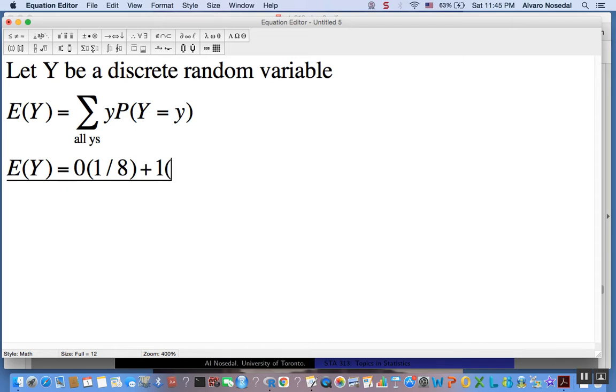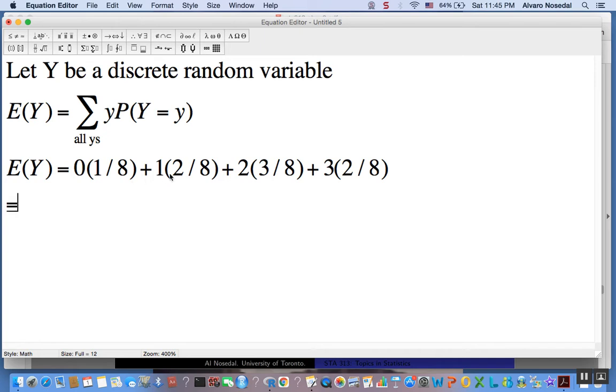Now let me rewrite these: 1/4 is the same as 2 over 8. Agreed?